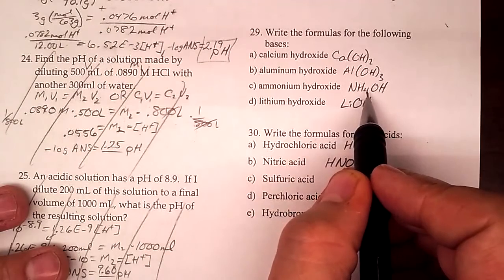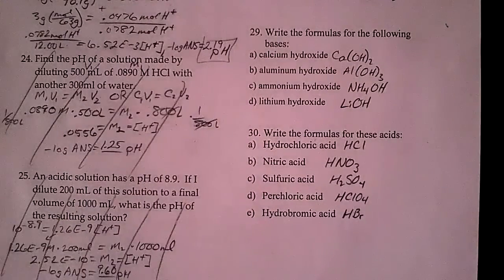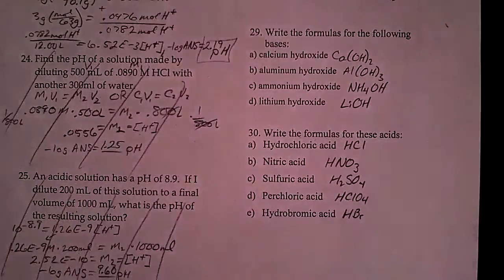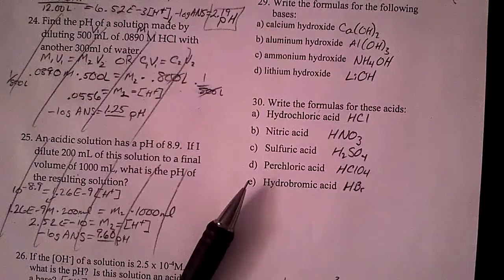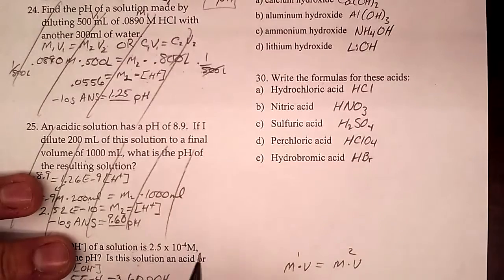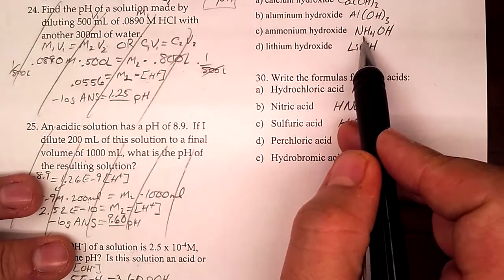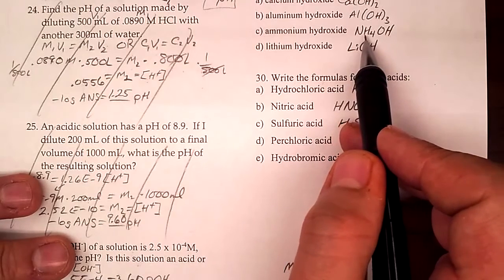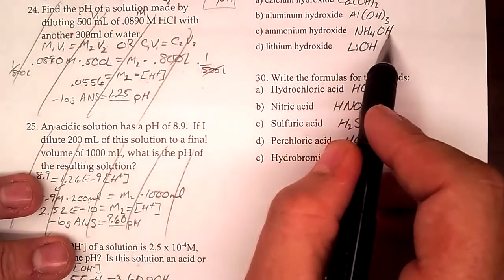And for all you AP or college headed kids, you might sock away in the corner of your brain that ammonium is NH4 +1, which is why it combines with one OH minus.